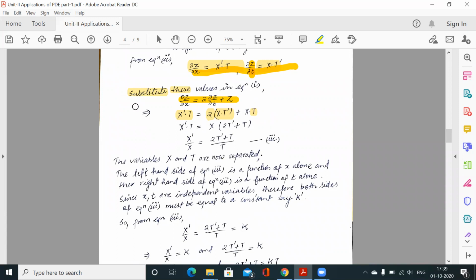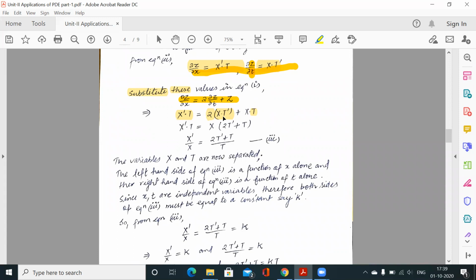That means we have to separate the terms of X and the terms of T. So now we have to look for the separation, which is just keeping all terms of X on one side and all the terms of T on the other side.